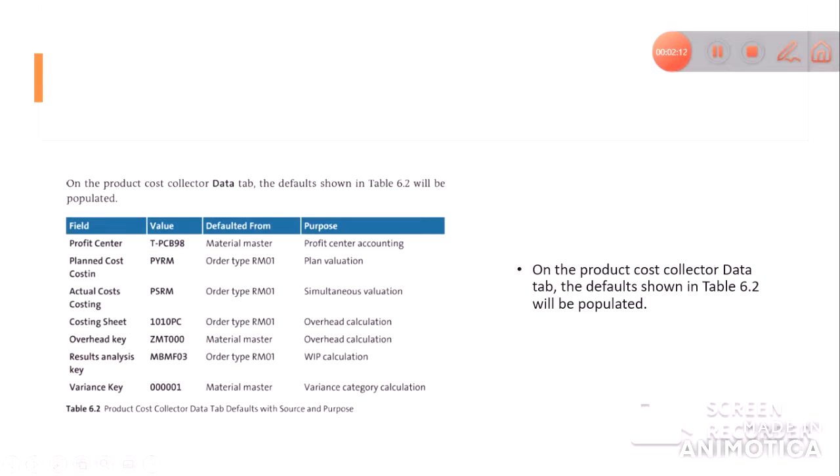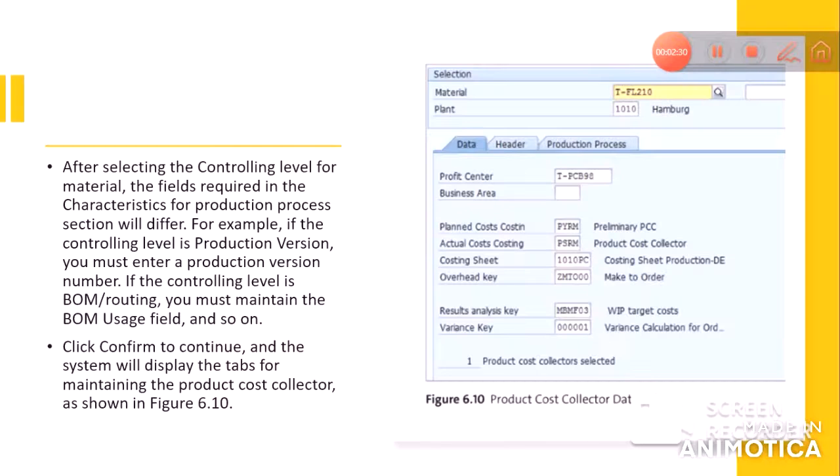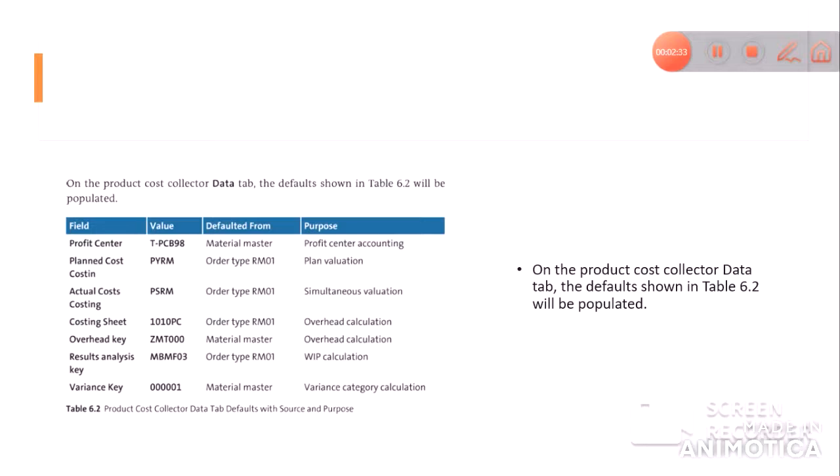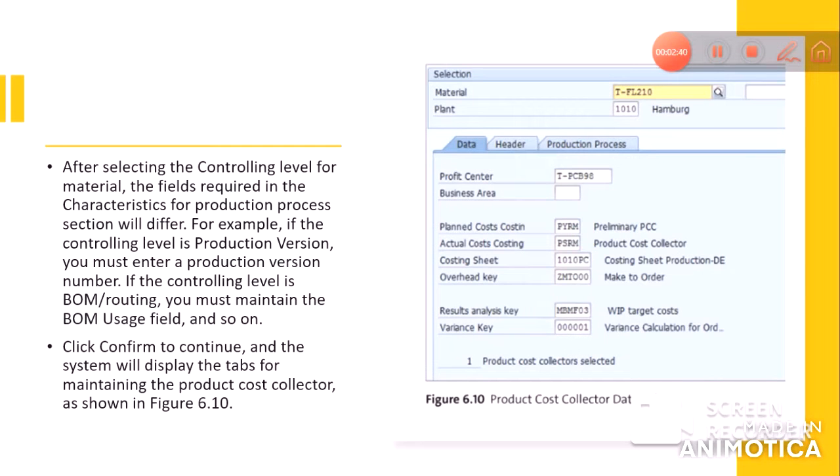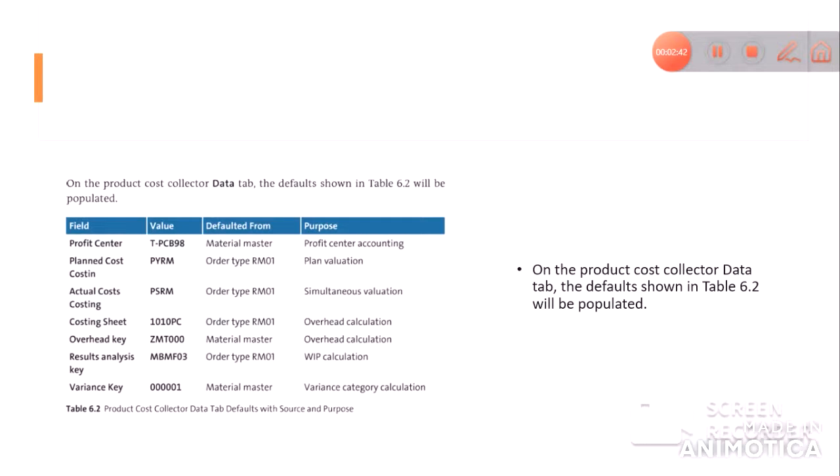On the product cost collector data tab, the defaults shown in the table will be populated. Field profit center is defaulted from material master, purpose profit center accounting, and planned cost defaulted from order type, and additional cost also defaulted from order type.